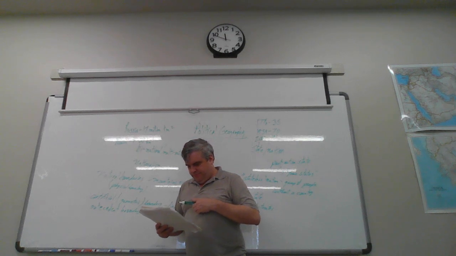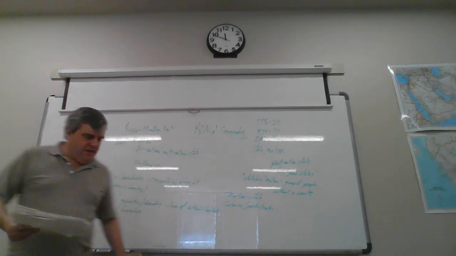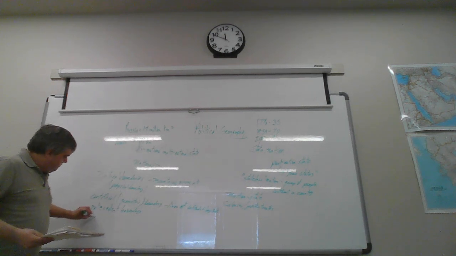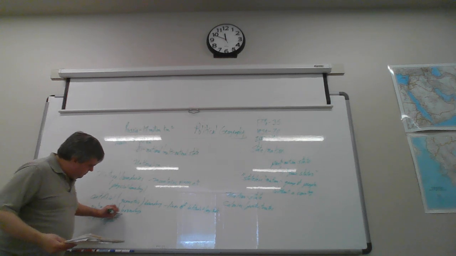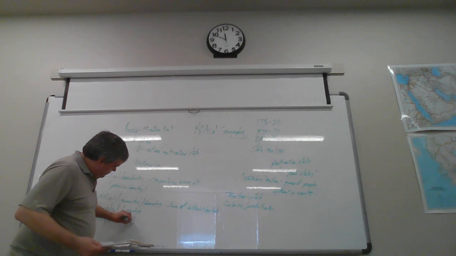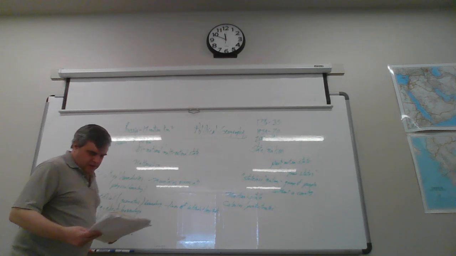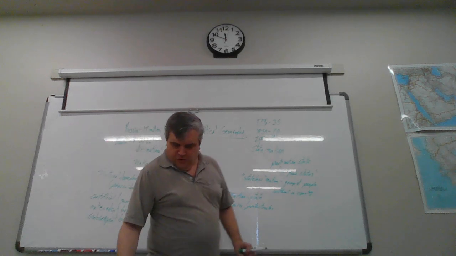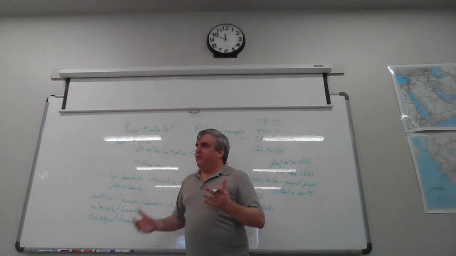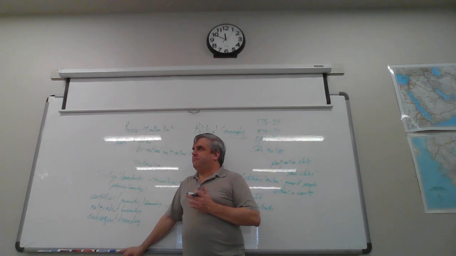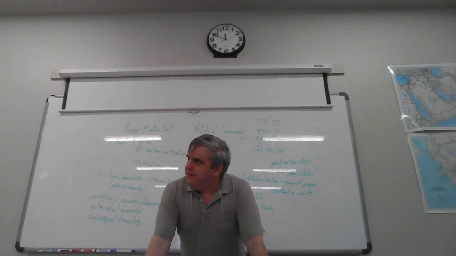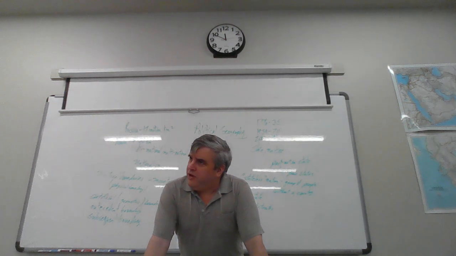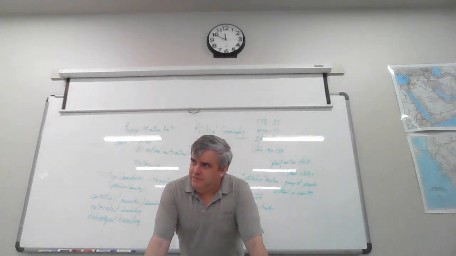Then the subsequent boundary is drawn after the development of a cultural landscape. Specifically, the most common kind of border here would be the creation of an ethnic state.